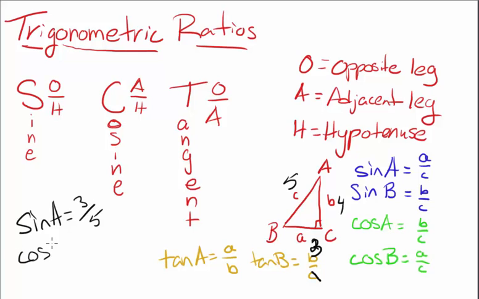Cosine of B would be the adjacent over the hypotenuse, so we would have 3 over 5. Notice how these are the same, even though the functions are different. Finally, the tangent of A would be the opposite, which is side A, which is 3, divided by the adjacent, which is 4.